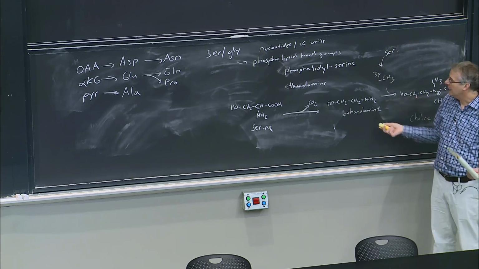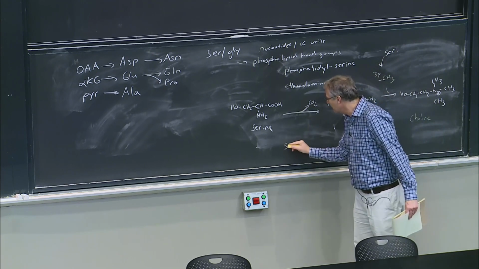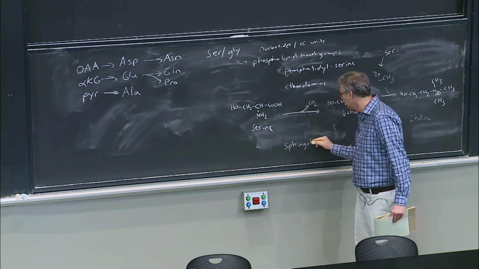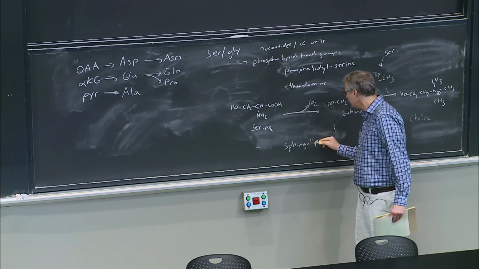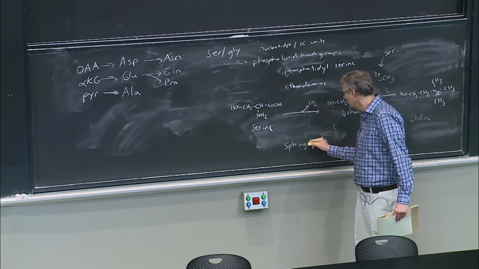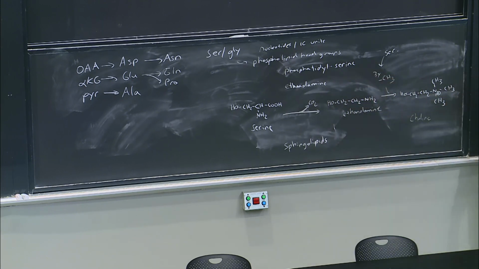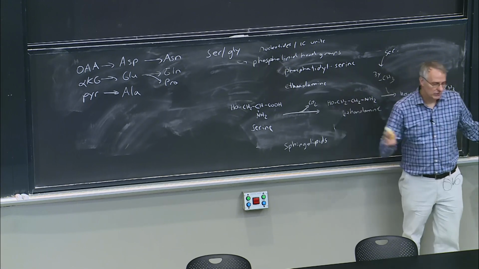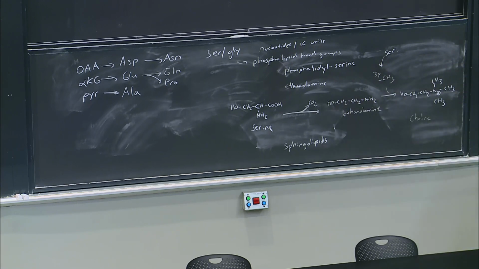All right. Last thing is serine is necessary to make head groups for a class of lipids called sphingolipids. Sphingosine is another amino alcohol that is generated from serine and ends up being the head group for sphingolipids, especially if you're interested in the immune system or the brain.